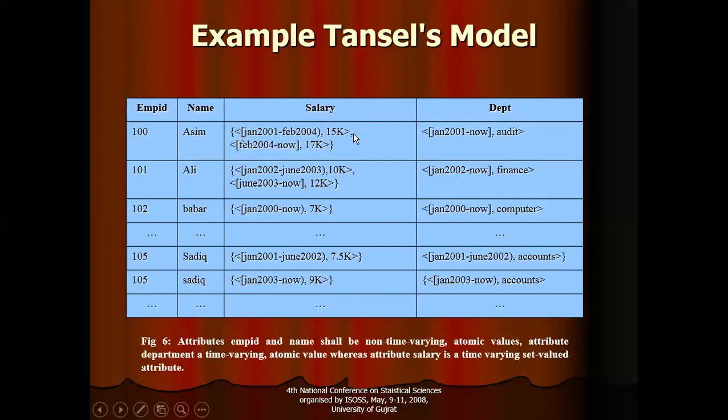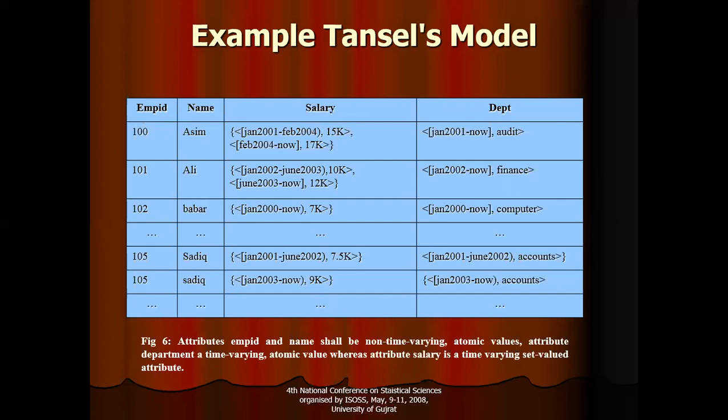Various values are recorded here, and it may increase further; we may have new values. The advantage of this model is that all the changes in a particular attribute are represented in the same tuple. If I did the same thing with the tuple timestamping approach, I might have that employee many times in a relation. If the changes are so rapid, that sometimes generates voluminous data, which is not required.